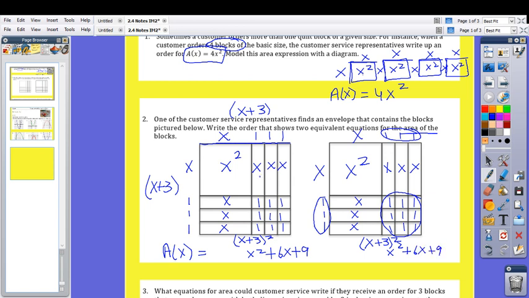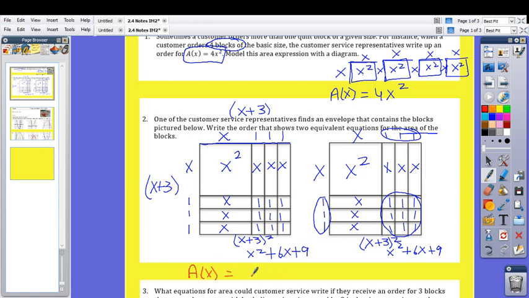But because the customer ordered 2 exactly same blocks, so then the area of both the blocks will be ax.